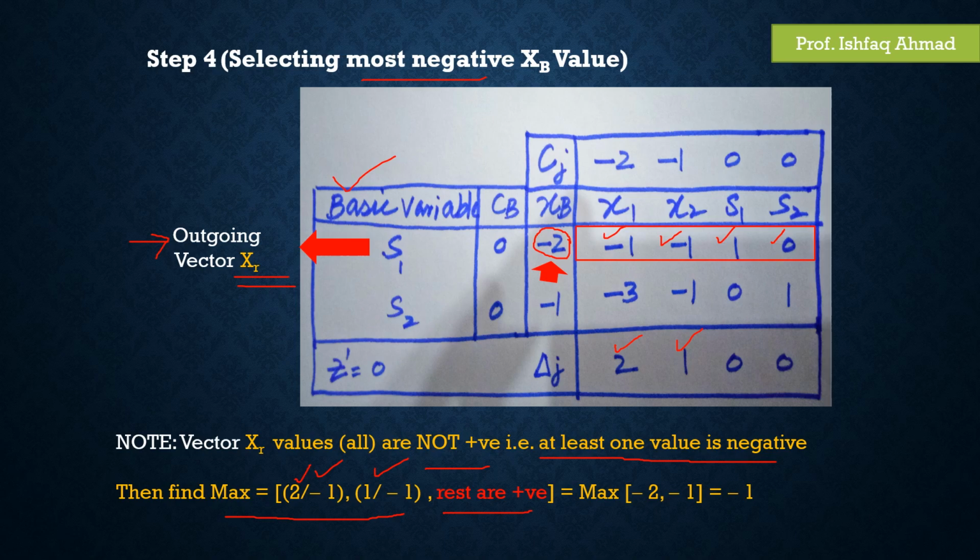So we have only two values. After solving these fractions, we get values minus 2 and minus 1. So from here we will pick the most positive or the larger value. If we compare minus 2 and minus 1, then minus 1 is greater than minus 2.